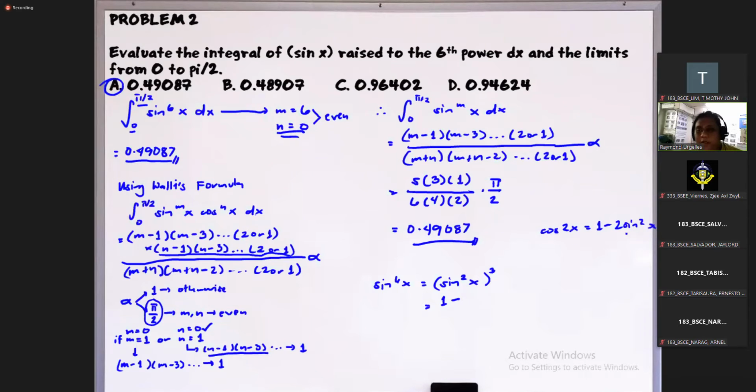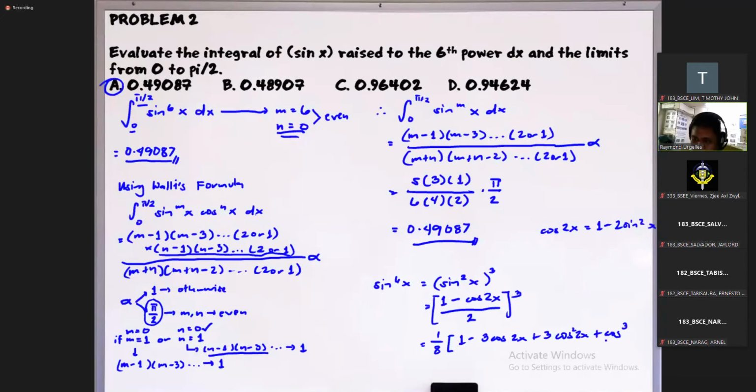So sine squared x is 1 minus cosine 2x divided by 2. Then this quantity is raised to the 3rd power. When you simplify this, we can factor out 1/2 to the 3rd power, that's 1/8. Then this will be 1 minus 3 cosine 2x, plus 3 cosine squared 2x, plus cosine cubed.